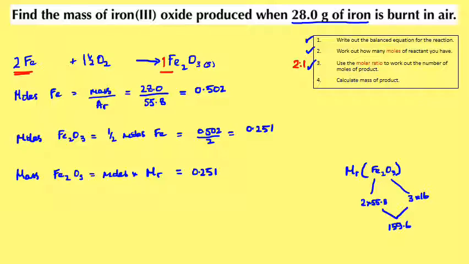So our Mr of iron 3 oxide is 159.6, which we can feed back into our equation, and then we just work out the mass by punching it into our calculator, and we get 40.0 grams of iron 3 oxide.